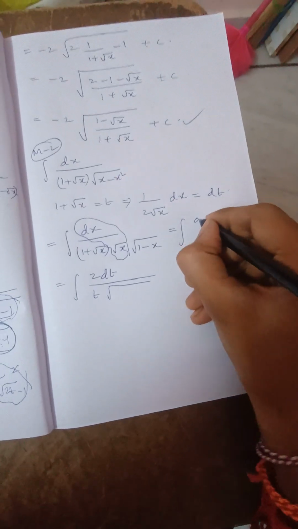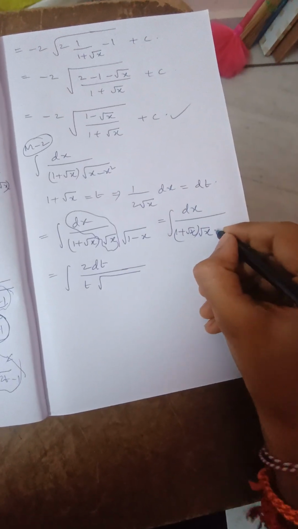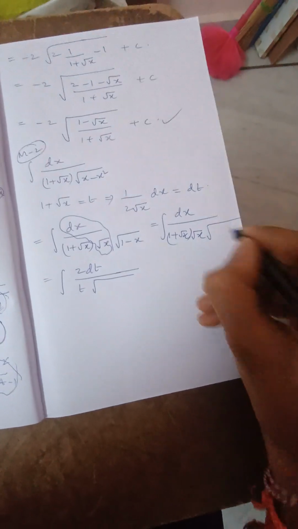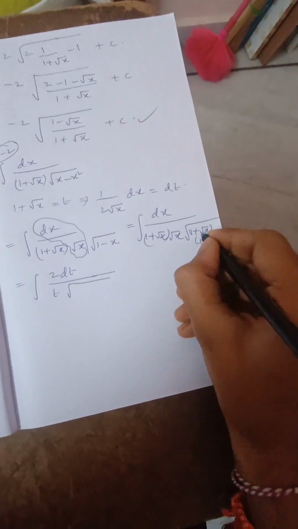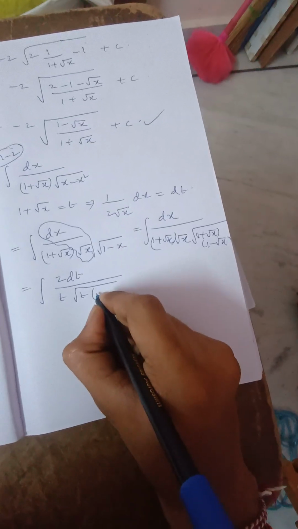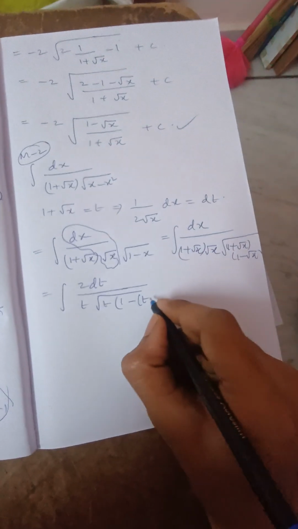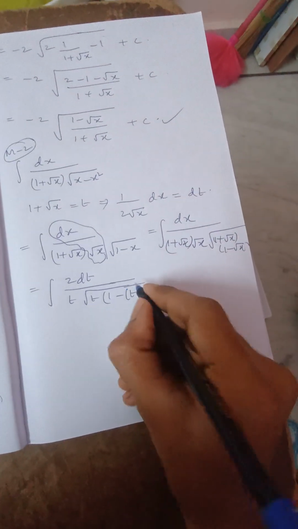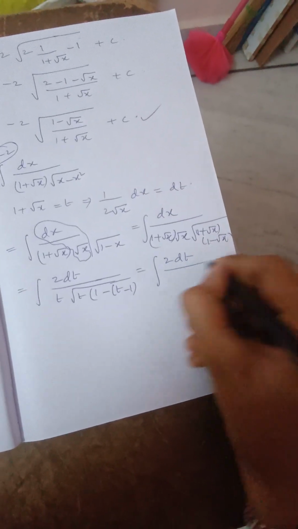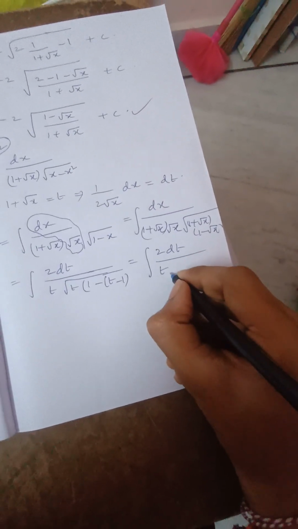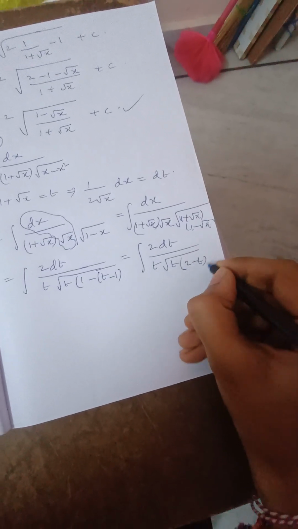This I can make as dx by 1 plus root x into root of 1 plus root x into 1 minus root x. So 1 plus root x is t, 1 minus root x, so instead of root x I am substituting t minus 1. So we will get the integration of 2 dt by t times root of t into 2 minus t.